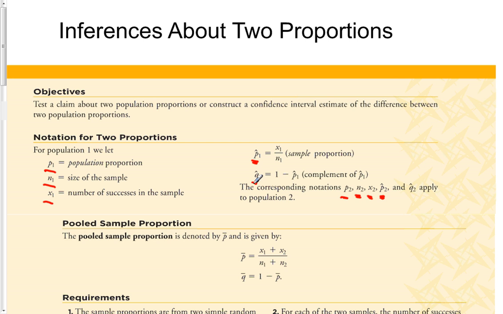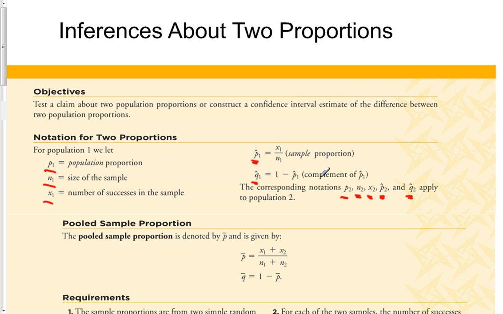We have Q hat 1, which is 1 minus P hat 1, and Q hat 2 is 1 minus P hat 2. These are the complements. So these are the notations for population 1 that are listed, and the corresponding notations for population 2 are over here.